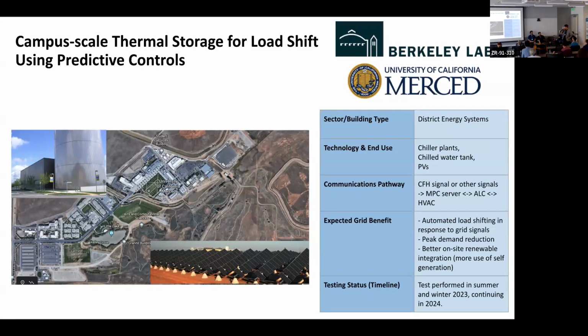The height is around 30 feet and the diameter is 30 feet, which can contain 2 million gallons of water. So you can imagine how much energy can be stored, charged, or discharged in this thermal energy storage.